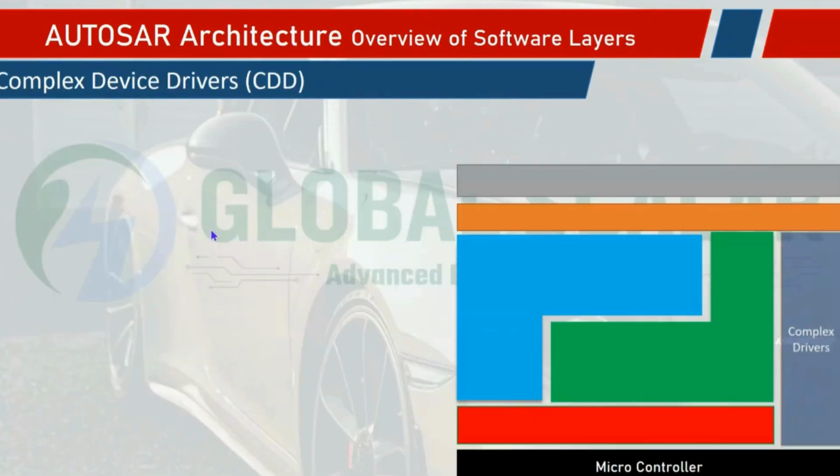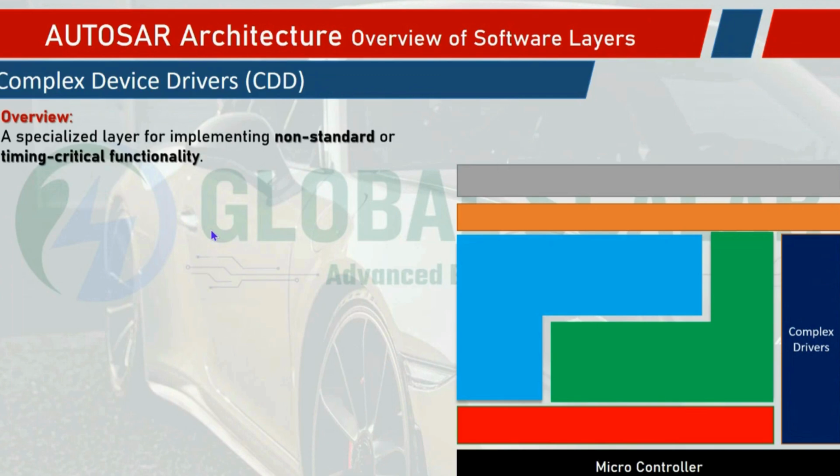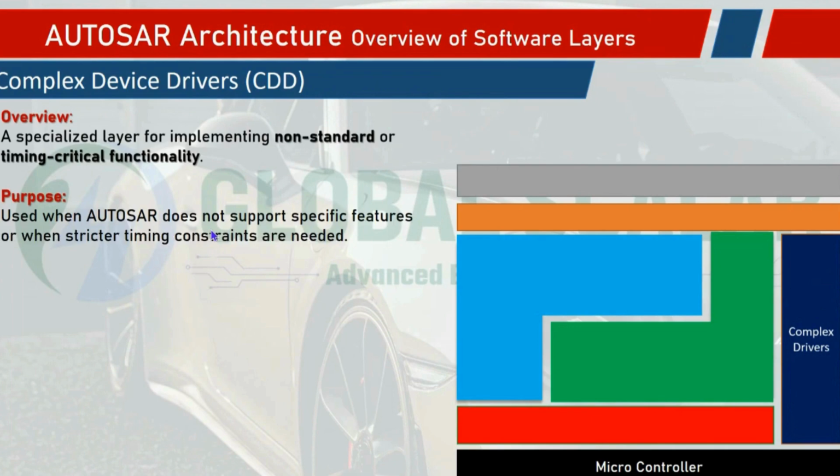And next we have the complex device driver, CDD. The main purpose of the CDD is a layer for implementing non-standard or time-critical functionalities. When we use AUTOSAR, complex drivers are, to some extent, not required, but for some activities it is necessary to use them within the AUTOSAR architecture. The purpose is when AUTOSAR doesn't support specific features or time constraints, we need to use it.